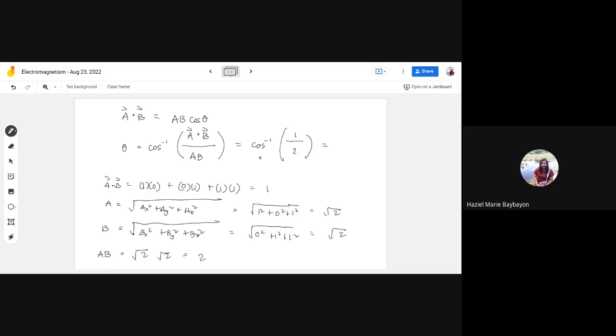So you have cosine inverse of 1/2. How much is it, class? Cosine inverse of 1/2 is 60 degrees. Okay. So this is the angle between the two diagonals of a cube.